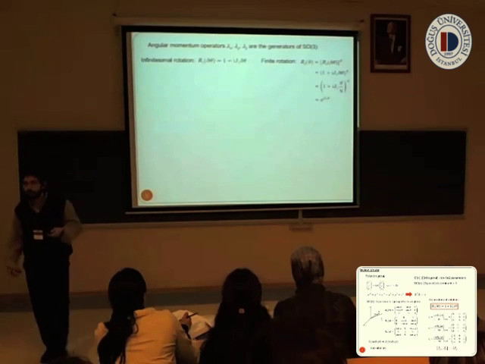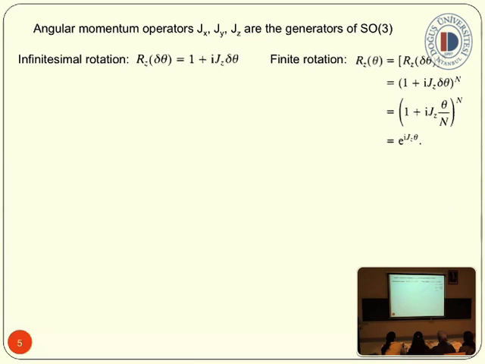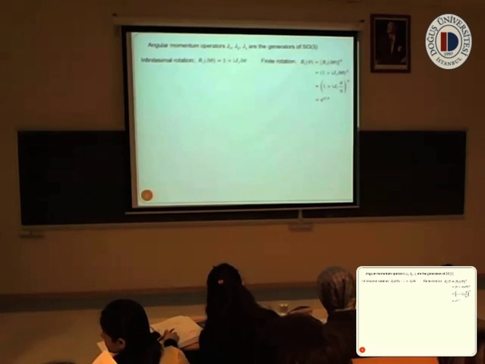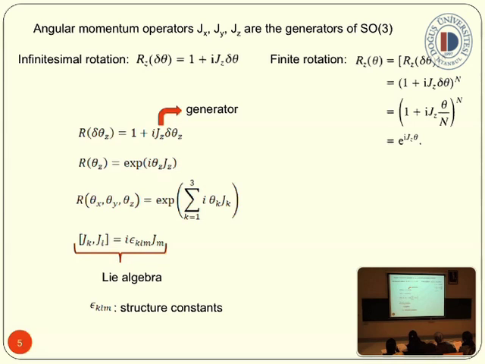So the angular momentum operator generates infinitesimal rotation. If you want finite rotation, you have to apply the angular momentum operator over and over again, which corresponds to exponentiating the operator, where you think of this exponent as a power series: 1 plus i times Jz times theta, and then the square, the cube, and so on. So, what I'm saying is that you write an element of a group as an exponential of the generator.